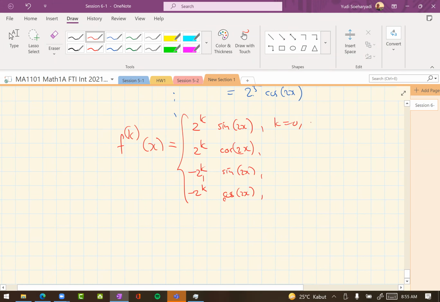For k equal to 0, 4, 8, that's 12. This is k equals 1, 5, 9. Equals 2, 6, 10. 3, let's see, 7, 11. There.